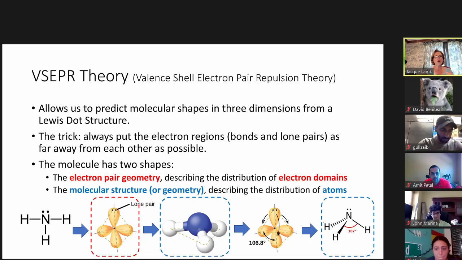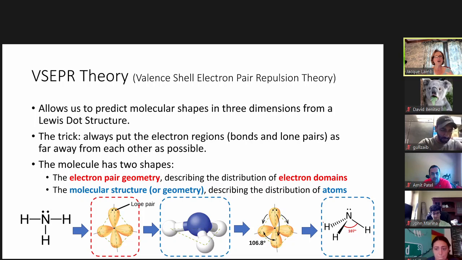Trigonal planar would be where there is a central atom that has three regions of electron density surrounding it. And we can talk about some examples. One example of that we did already, BF3. That was a perfect example of this. NO3 minus, I think, is an example of this.